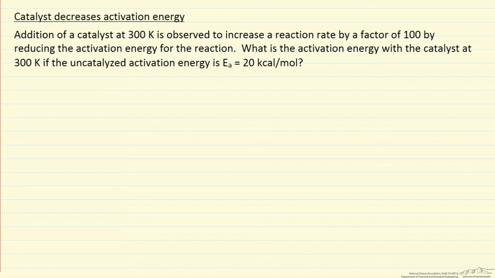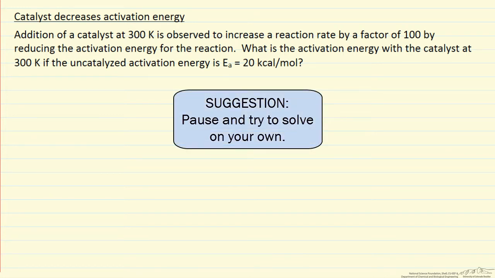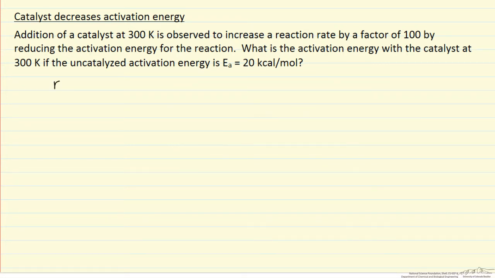And the question is, what activation energy do we have when the catalyst is present if the uncatalyzed activation energy is 20 kcals per mole? I'm going to call rate 1 the uncatalyzed rate, and then rate 2 is the catalyzed rate.